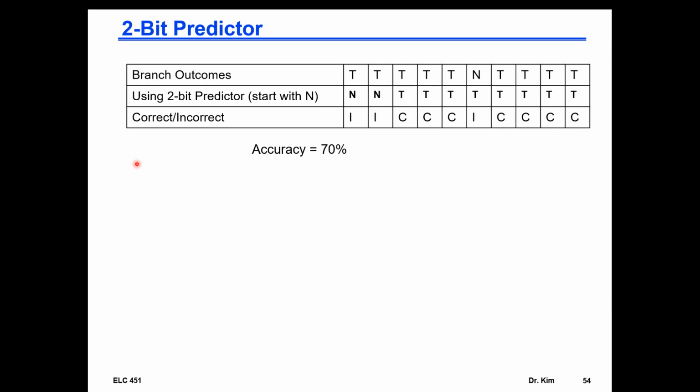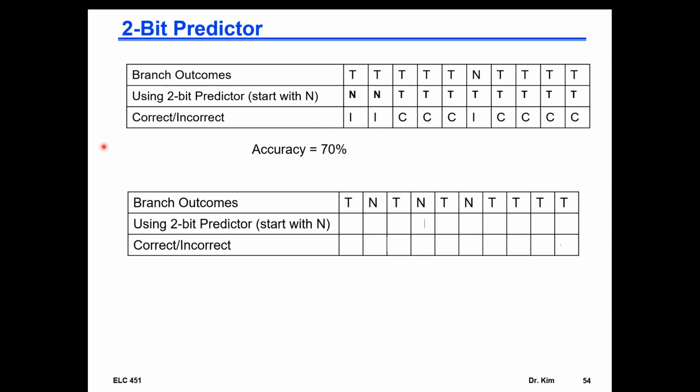So this demonstrates that if you start with a wrong assumption, this can lower your accuracy. But that's a little bit of an unfair comparison with the 1-bit predictor simulation from before, because before we were right in our branch outcome. If we had been right here, then our accuracy would have been 90%.